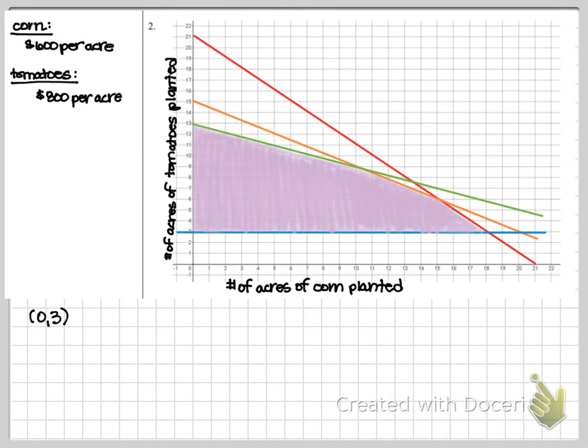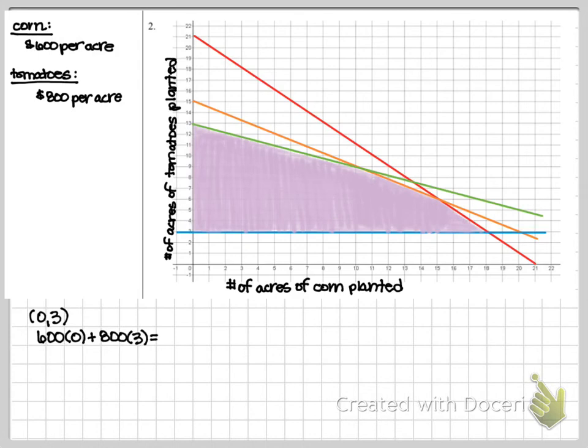So I'm going to take that 0,3 and we'll do 600 for 0 acres of corn, and then 800 for 3 acres of tomatoes.